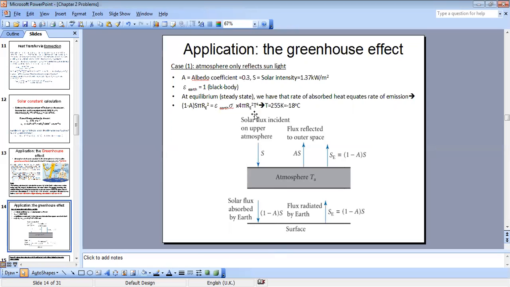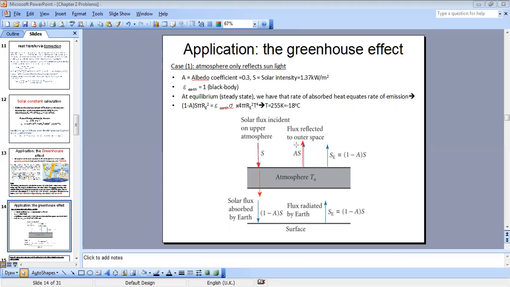This means that if I have a solar flux incident on the upper atmosphere equal to S, 70% will be transmitted by the atmosphere and 30% will be reflected back. So this flux is divided into two parts. One is transmitted, so the atmosphere will not do anything, it will just transmit a portion, and the other portion will be reflected up.